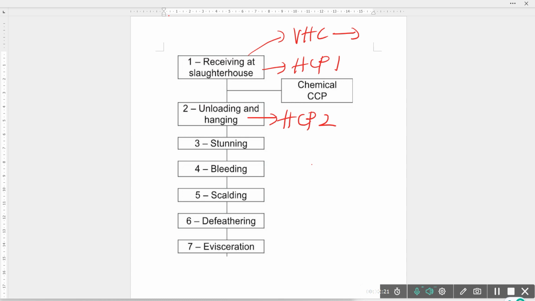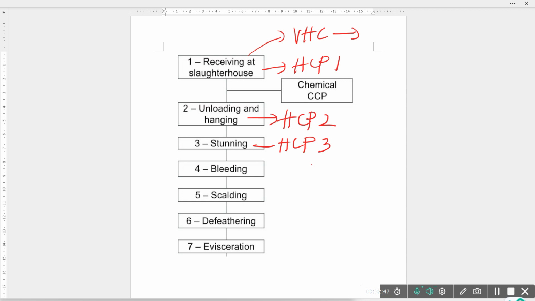Okay, dalam stunning, this is also HCP because if you are stunning your chicken beyond the critical limit that we set, the chicken might be died. Okay, so boleh jadi bangkai. Carry on, another one lah, another issue. Okay, and then bleeding, and then scalding.